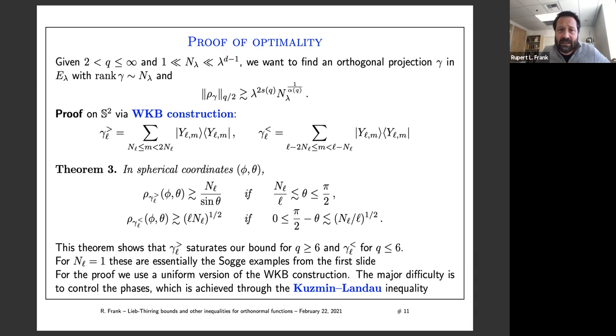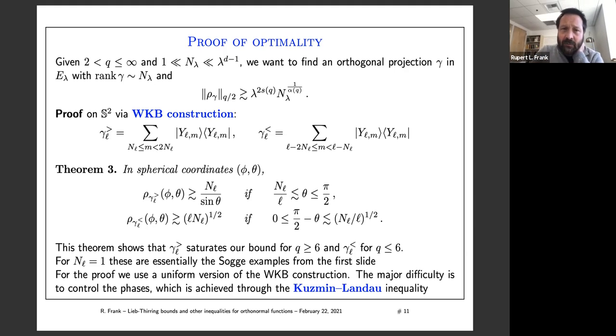And one can do this in general, but I want to just talk about the proof on S2, which was our original motivation. And essentially, it's a generalization of this idea of SOC, how to localize these functions. Remember, when Q was large, we localized the functions in a neighborhood of a pole, and that corresponded to the YL0 function.